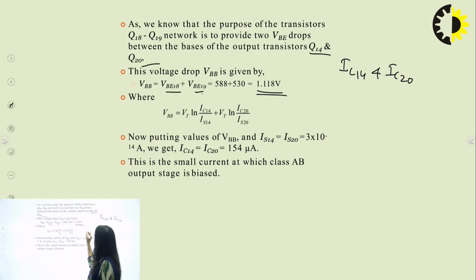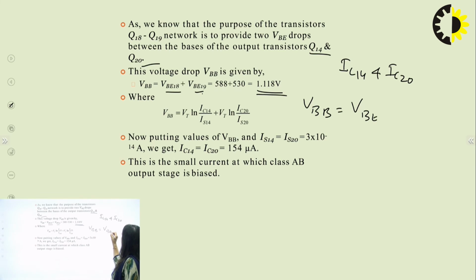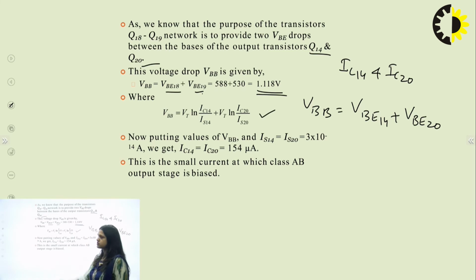And now writing the second equation, VBB will equal VBE14 plus VBE20. We can expand this, because VBE can be given as VT ln IC14 by IS14, and VBE20 can be written as VT ln IC20 upon IS20.